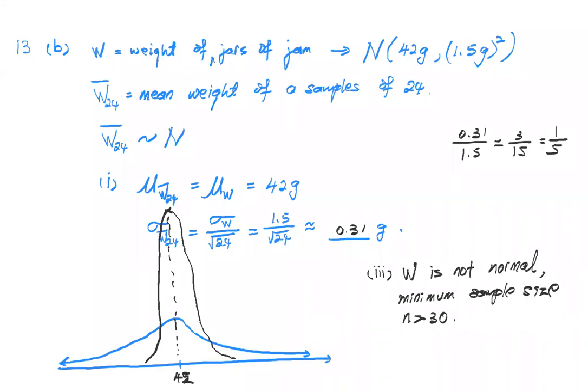So if W is not normally distributed, then I don't expect my sample mean to be normally distributed. Explain your answer.